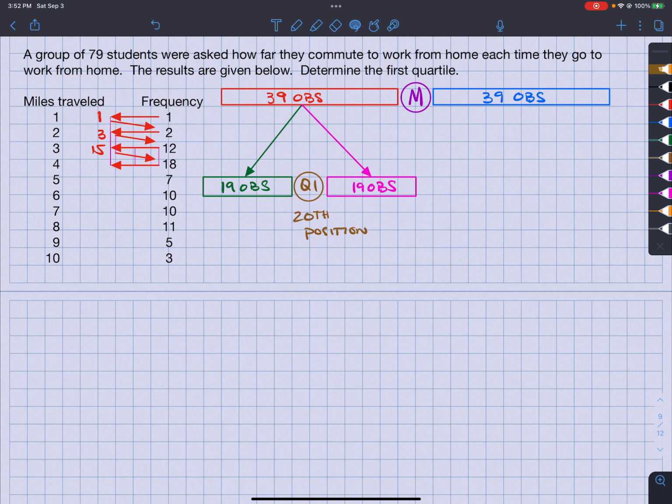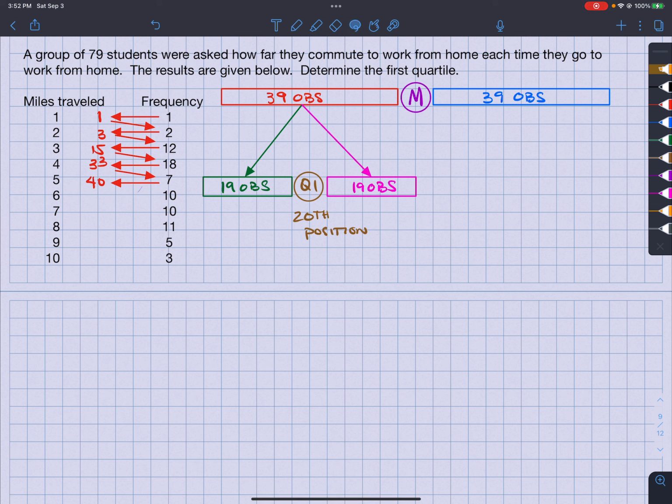And I have to take the 15 and add it to the 18, and I'm going to get my 33rd position. So by the end of all my listing of 4s, it will be my 33rd position. And by the end of all my 5s that I write down, I'll be in my 40th position.